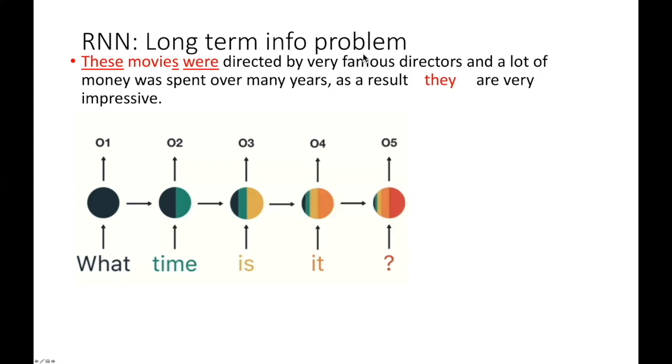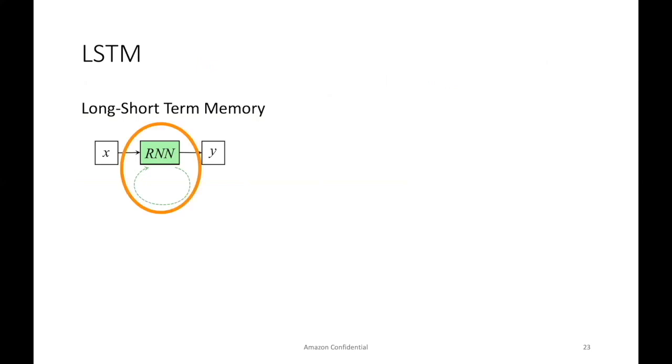But an RNN may make the mistake that it refers to famous directors simply because it is forgetful and it forgets this older context. So we have some new kinds of networks which are called long short-term memory networks, and these networks enable us to make sure that the forgetfulness problem is minimized.